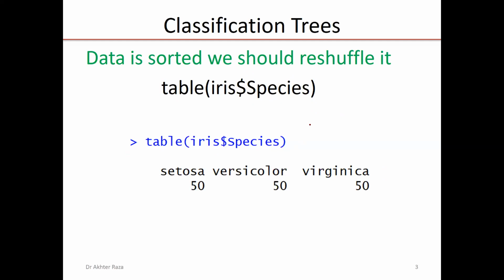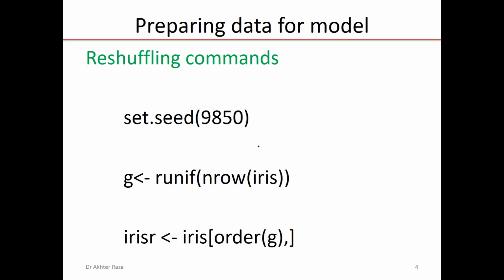If we specify two variables here, then a 2 by 2 contingency table will be shown. If we specify a single variable in the table command, then a simple frequency table will be shown. So this is the frequency table of species. We cannot specify a numeric variable here. You cannot prepare a frequency table by the table command with a numeric variable. So you should use a factor variable for the table command.